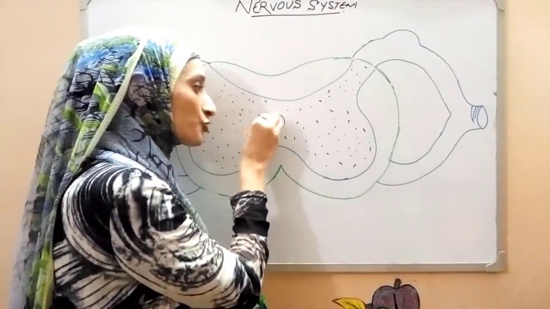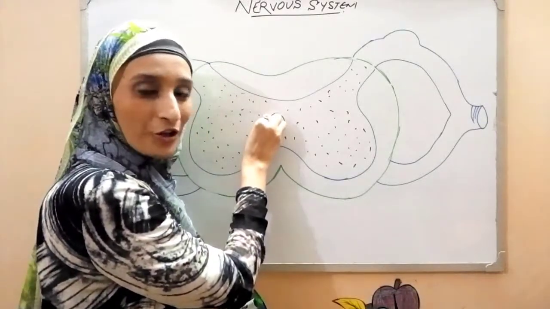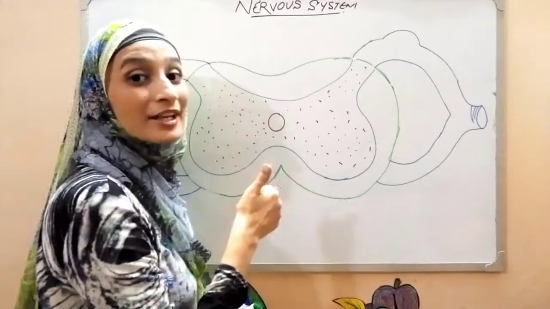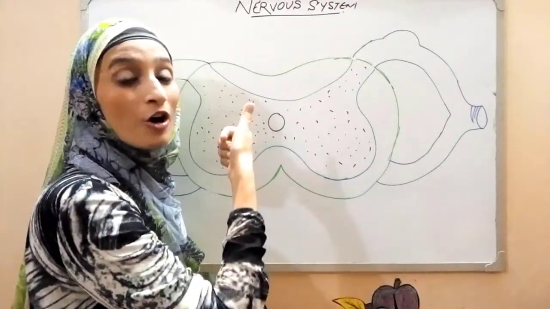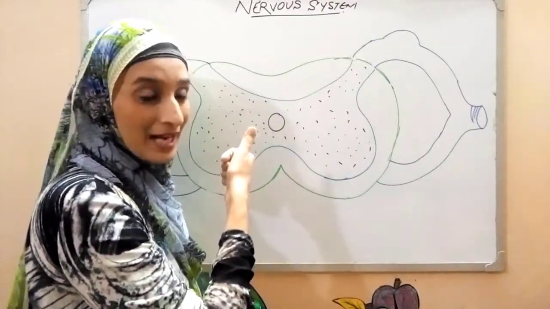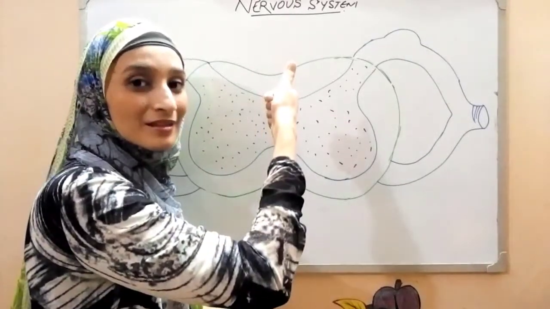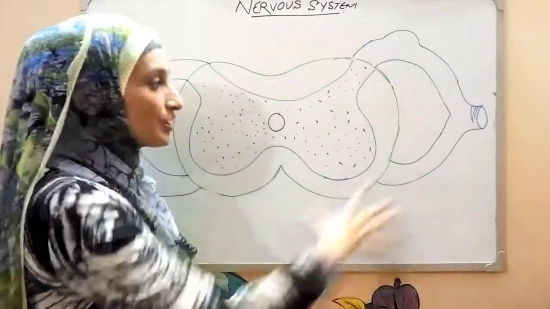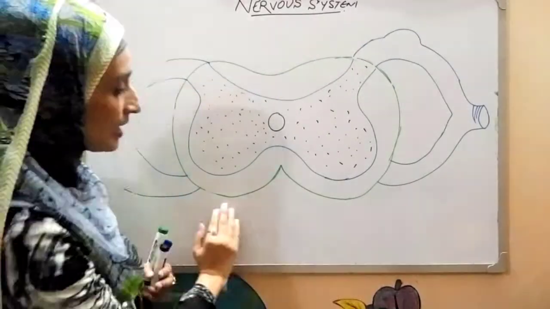In the extreme center of the spinal cord, you can appreciate a central canal. This central canal is continuous with the central canal of the medulla oblongata, and it opens up into the fourth ventricle, right?